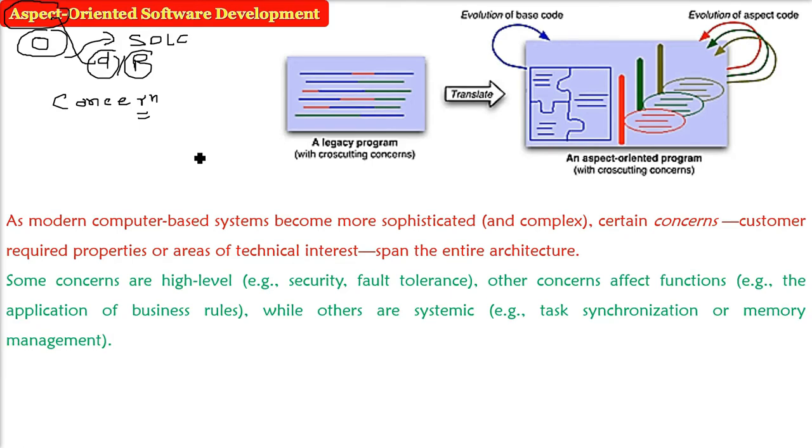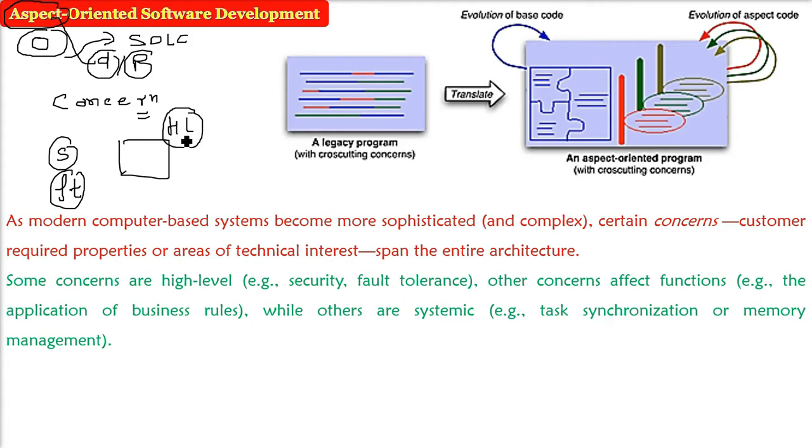Some aspects, some concerns of the software are only at a high level. That is, for the whole software, the high level concerns are security and fault tolerance. And other concerns affect only certain functions.